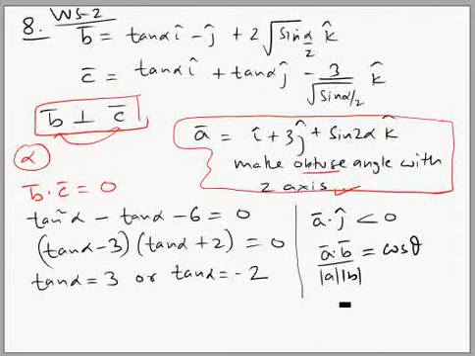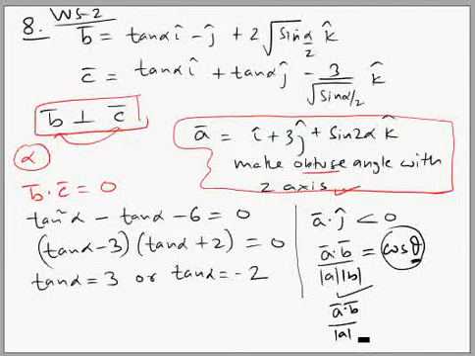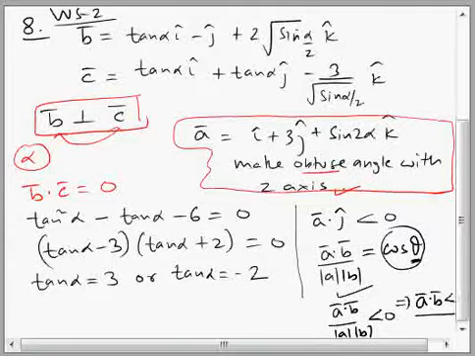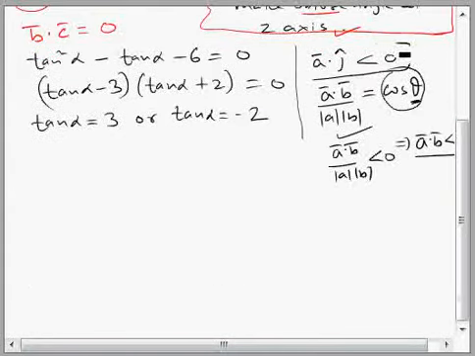As the denominator is positive, if the angle between two vectors is obtuse, theta is obtuse, which means cos theta is negative, so a dot b over mod a mod b is negative. The denominator is positive, so a dot b is negative. So a negative dot product of two vectors means they make an obtuse angle with each other.